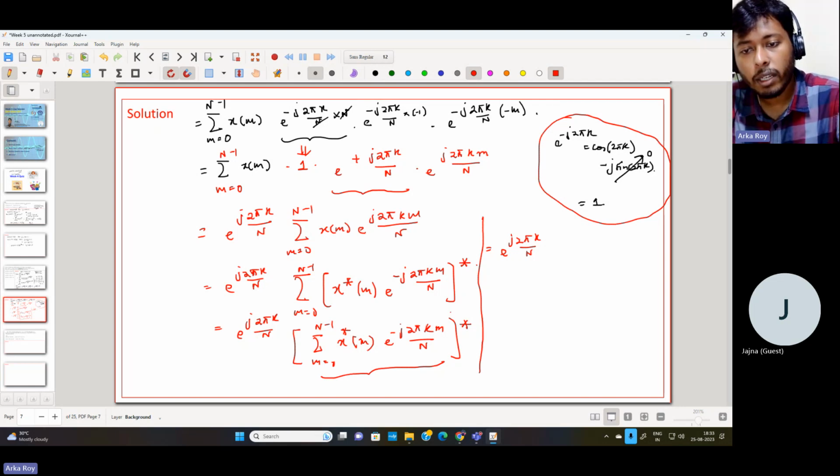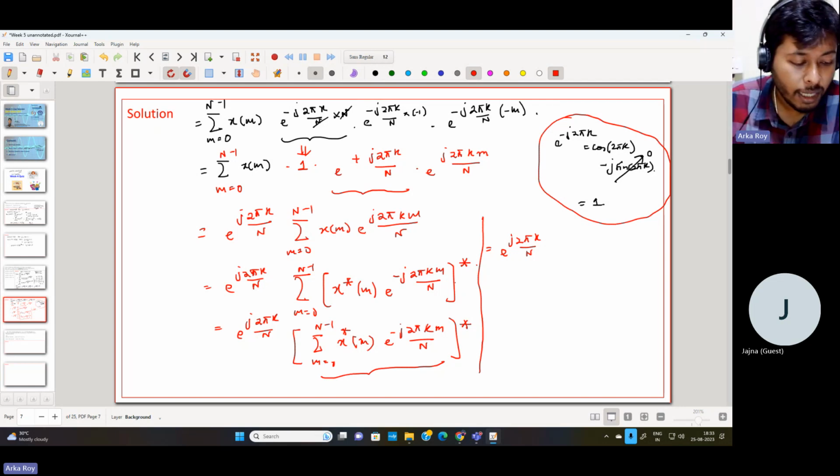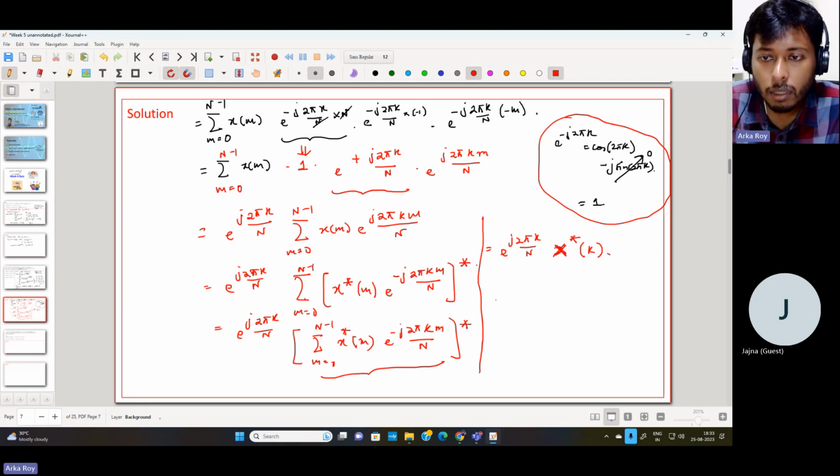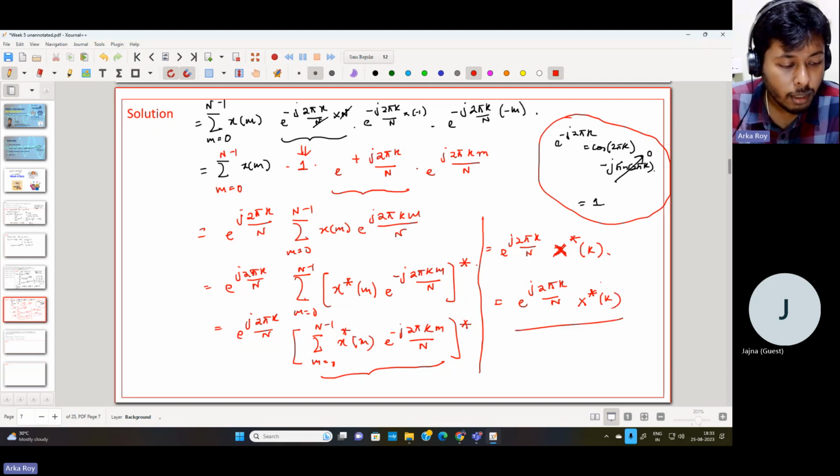And when we get the DFT, I can write it as x star of k. So therefore, I can write it as e to the power j 2 pi k by n, and then there will be a conjugate, and then there will be X of k. So in this way, I can get the final output over here.